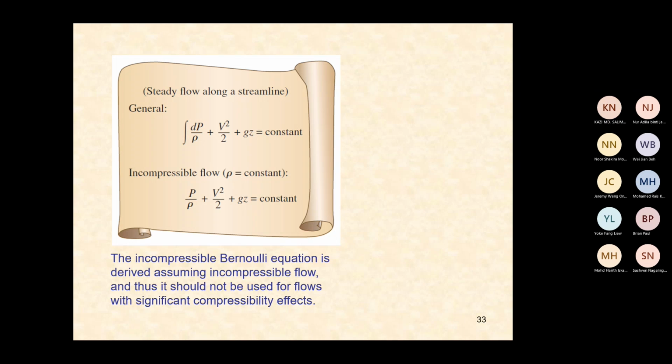We can say that the incompressible Bernoulli equation is derived assuming incompressible flow, and thus it should not be used for flows with significant compressibility effects, which means it should be used with a Mach number of about 0.3 or below. If the Mach number goes higher and higher, it shows the compressibility effect, so that should be kept in mind.